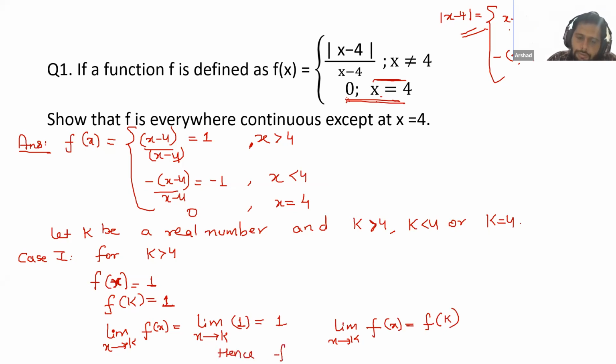Hence, the function is continuous for all k.